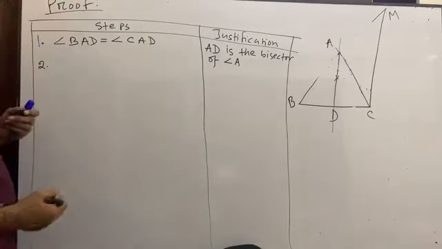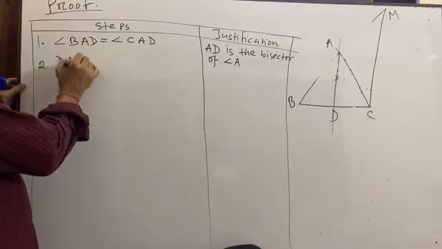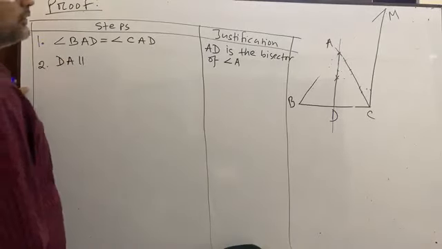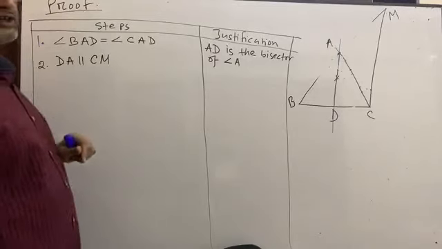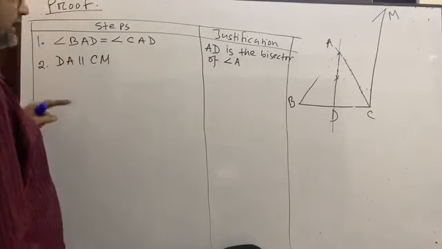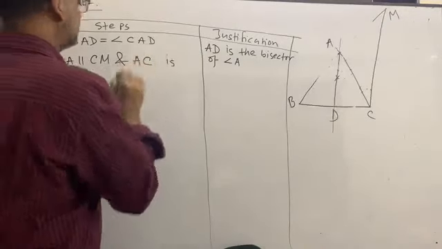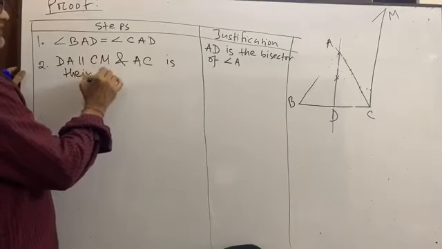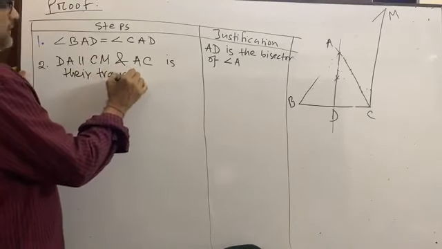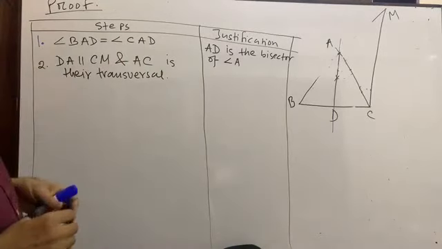I am writing DA parallel to CM, by construction, and AC is their transversal.